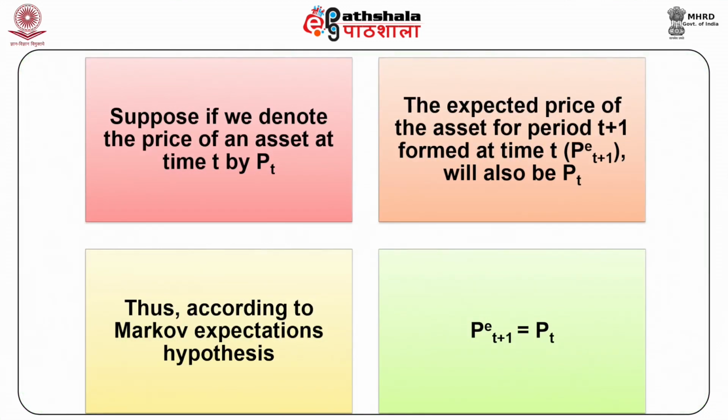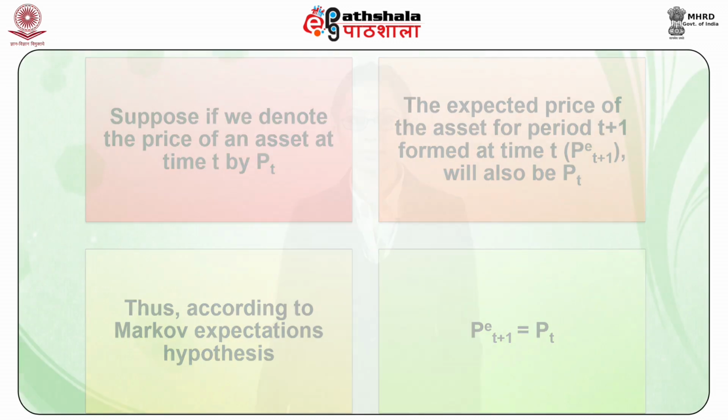Suppose we denote the price of an asset at time t by p_t, then the expected price for the asset for period t+1 formed at time t, in brackets p^e_{t+1}, will also be p_t. Thus, according to the Markov expectations hypothesis, p^e_{t+1} is equal to p_t.